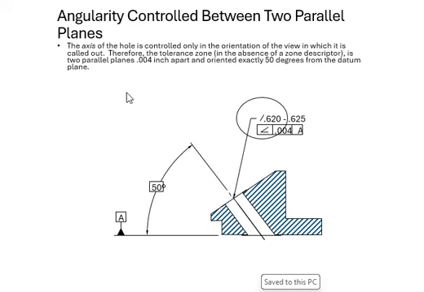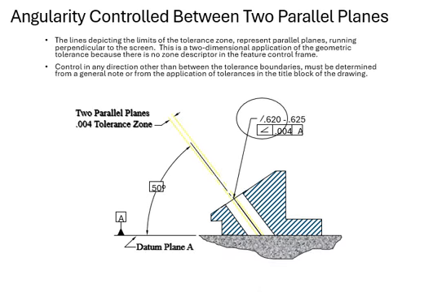So when you look at it, you should be able to interpret that right away. And now we're going to draw the little yellow lines right there, showing you your two parallel planes where you can have your axis to measure the angle, and your tolerance zone is 0.004.